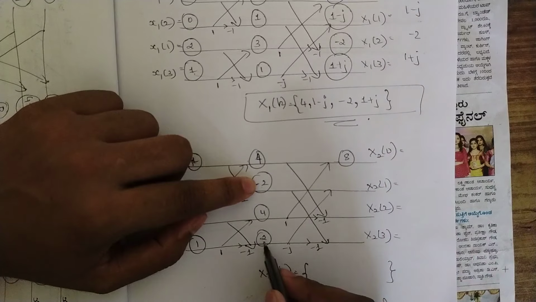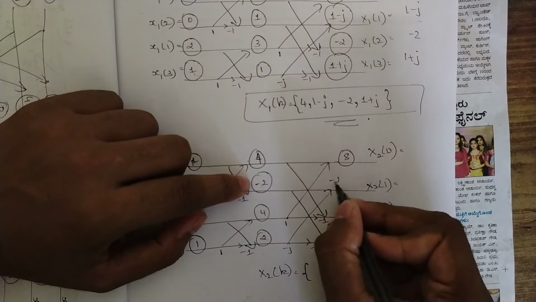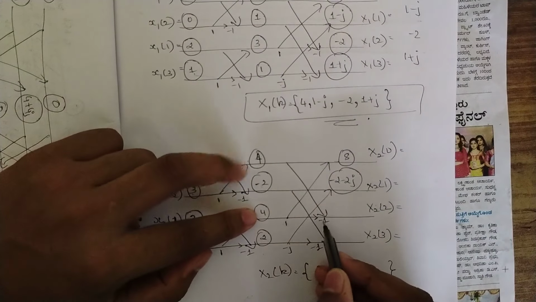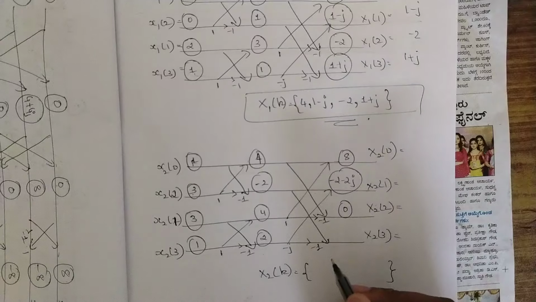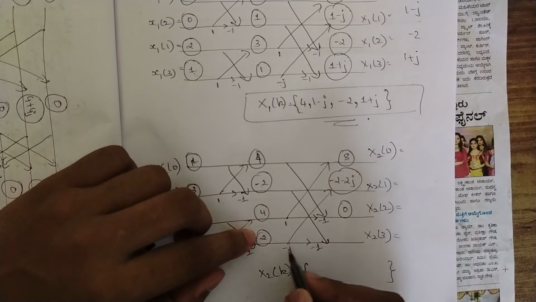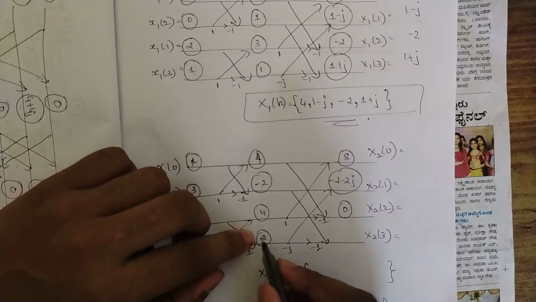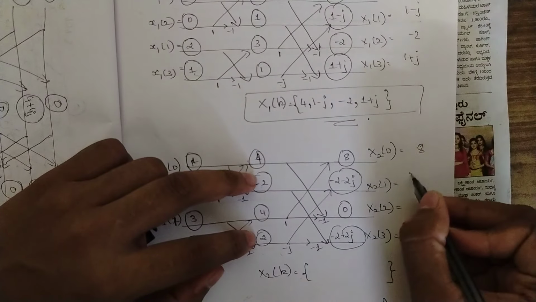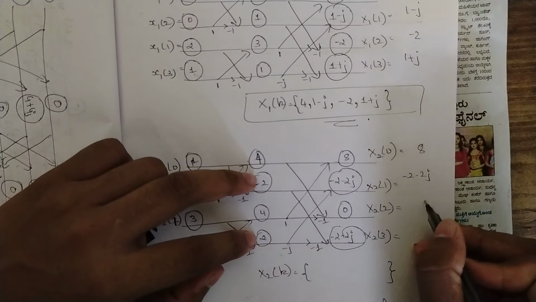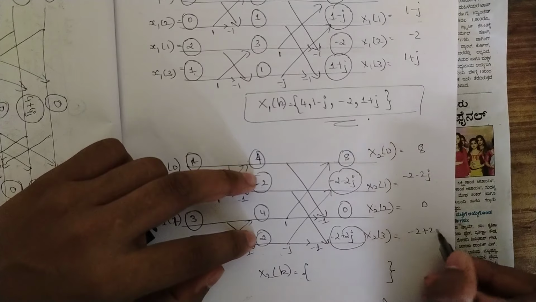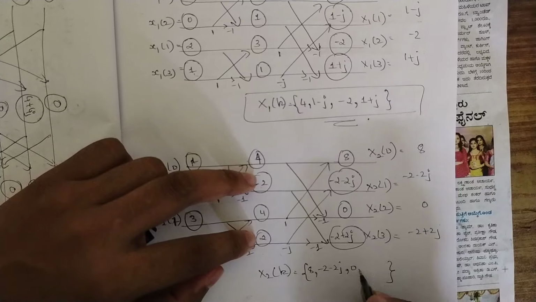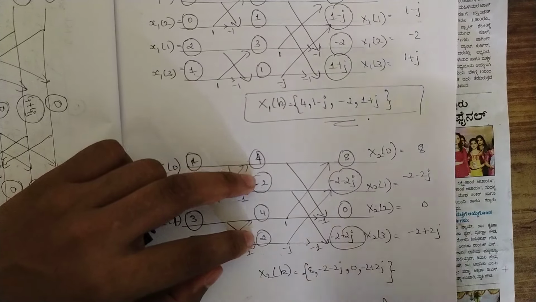Minus 2 and 2 into minus j, that is minus 2j. 4 into minus 1, minus 4 plus 4 is 0. Then we have minus j minus 1 plus j into 2, so plus 2j and minus 2 plus 2. So these are our answers: 8, minus 2 minus 2j, 0, minus 2 plus 2j.